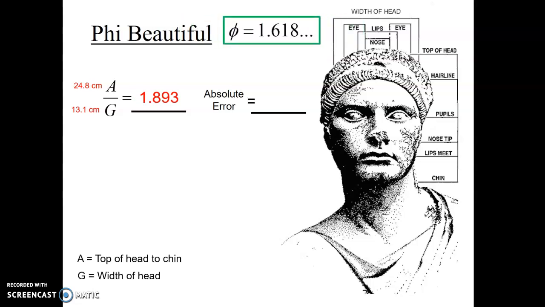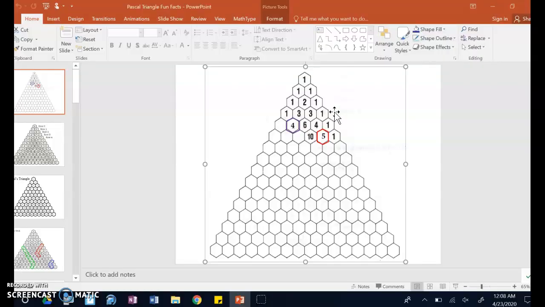Again, messed up, right? But that's what they kind of used, okay? But all of that comes from, again, Pascal's triangle, all right?